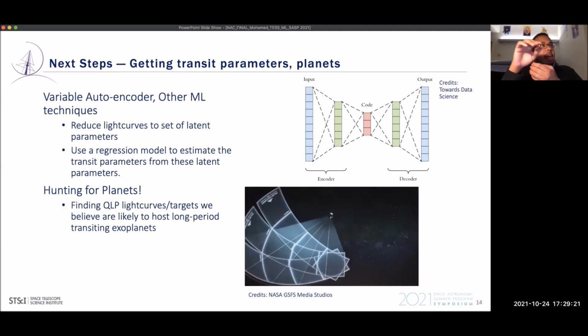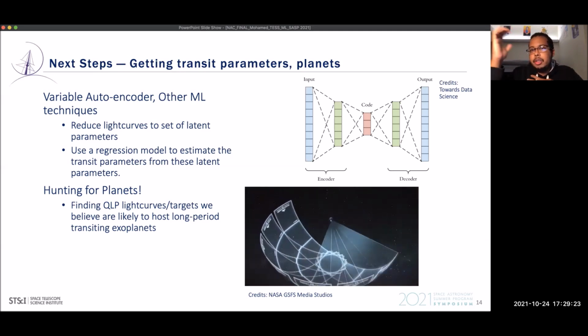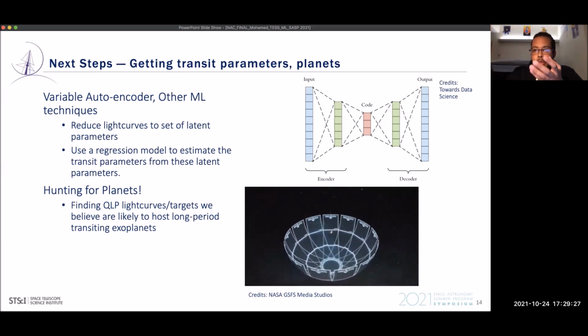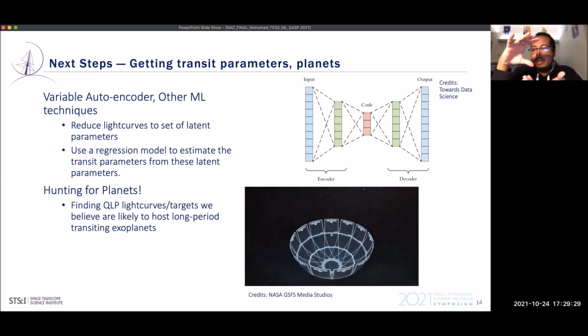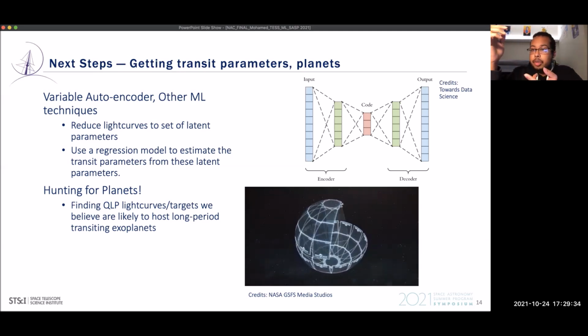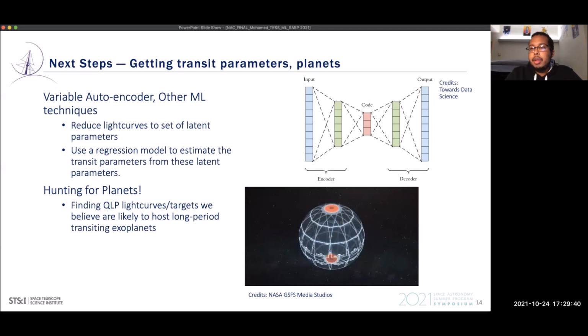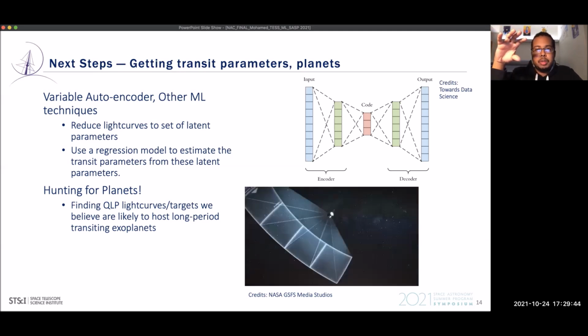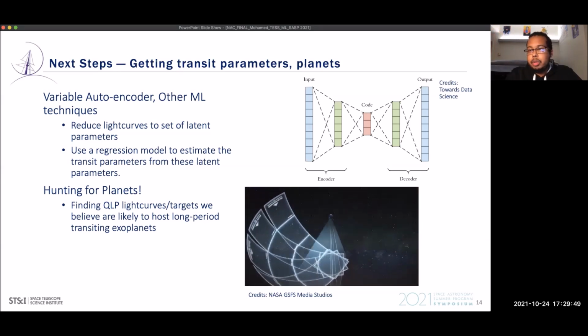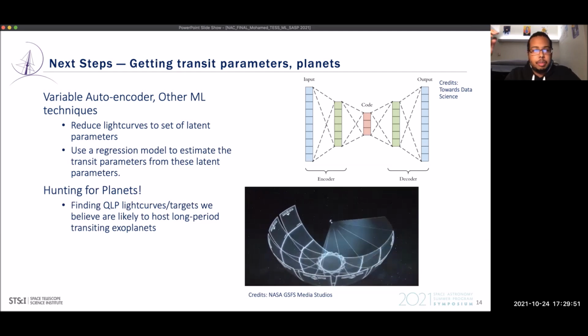So if you have this data set of TOIs, which have already been identified as having planets, and you're able to compress them into a few latent variables, and then train a regressor to estimate what the light curve should look like, you can imagine that you'd be able to reconstruct these light curves and then estimate what the parameters are. And so we were thinking about using this model to, from our classified light curves, estimate what the parameters look like, estimate what the planet radius is, for example.